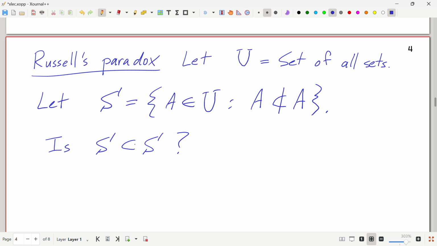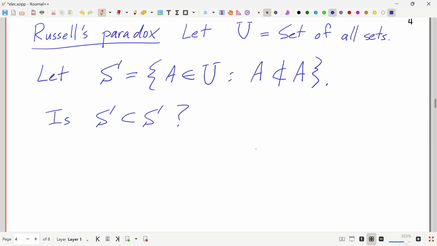It's either in itself or it's not in itself. Think about what the contradiction would be. Either S is in itself or it isn't. Who knows Russell's paradox? Am I saying it right?